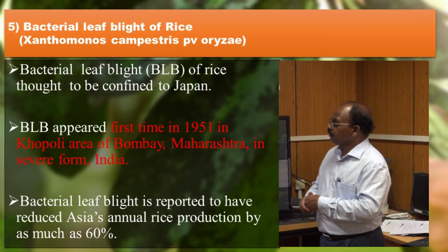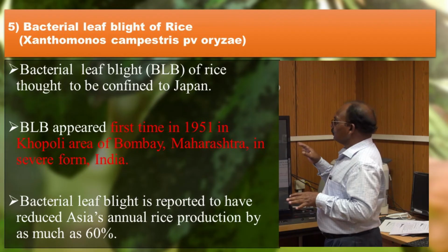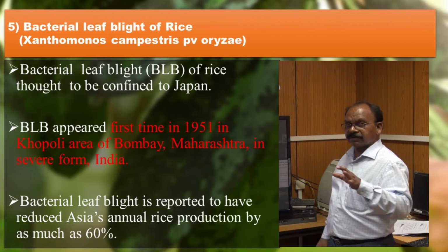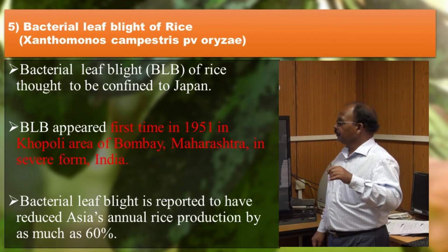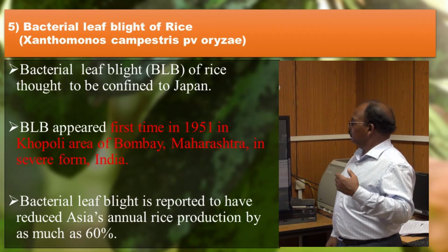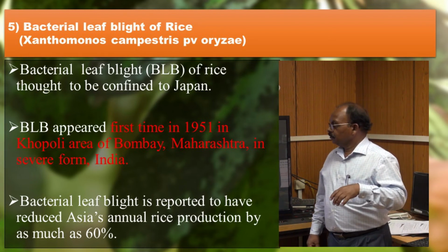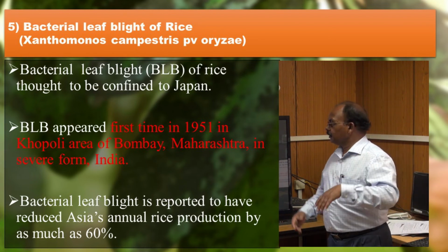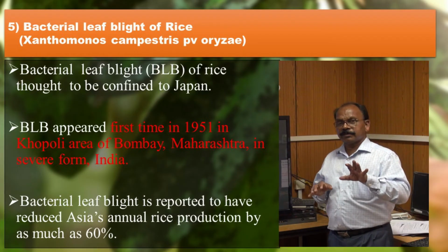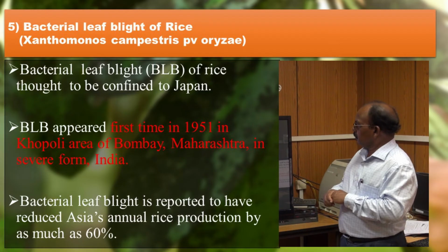Next important disease is bacterial leaf blight of rice. This is a bacterial disease caused by Xanthomonas campestris pv. oryzae. The bacterial leaf blight, that is BLB, of rice was thought to be confined to Japan. Bacterial leaf blight appeared for the first time in 1951 in Khopoli area of Mumbai in Maharashtra in severe form.